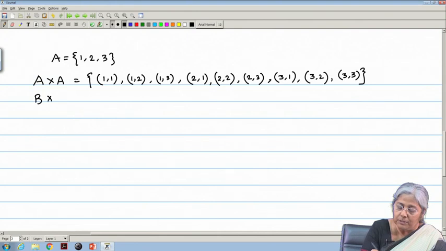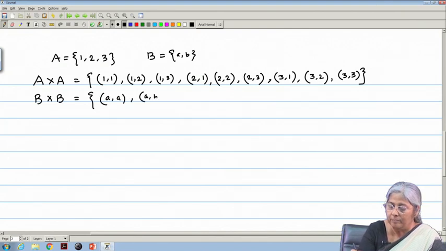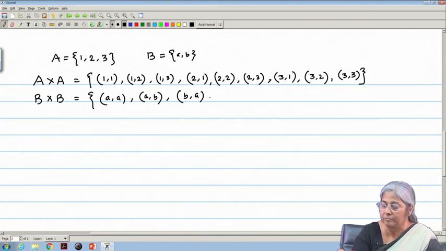Similarly, B cross B, where B is {a, b}, is aa, ab, ba and bb.